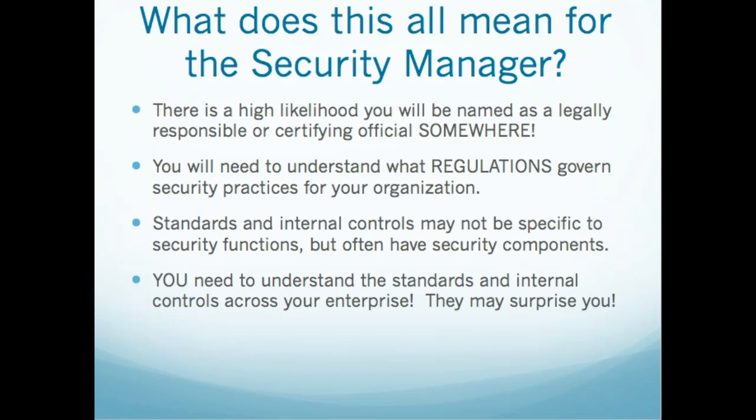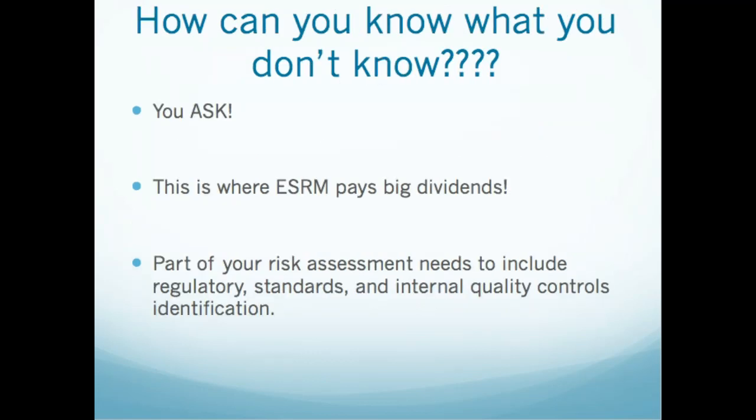And there's really only one way to do that, and I think you know how. So how do you know what you don't know? You have to ask. And when you ask, it's really the same thing as that ESRM model. It's paying big dividends now, because you're going to take the opportunity to meet with everybody, talk about their risks. Now you've opened up a conversation with them, and you can ask them about what things in their organization have a security flavor to them.